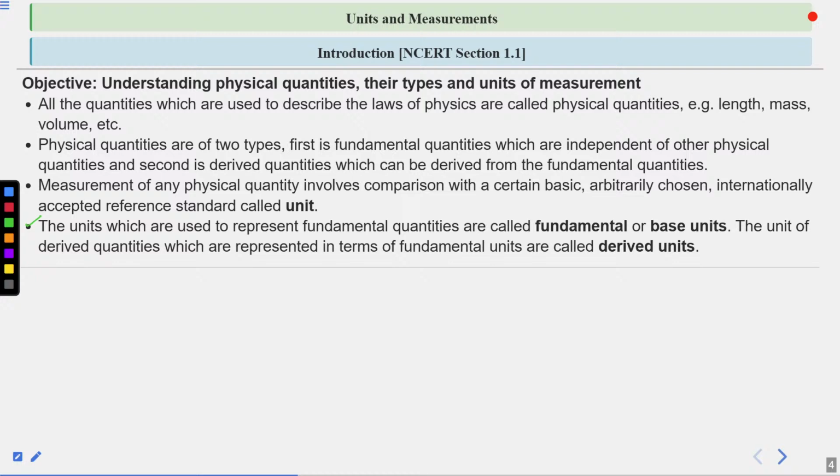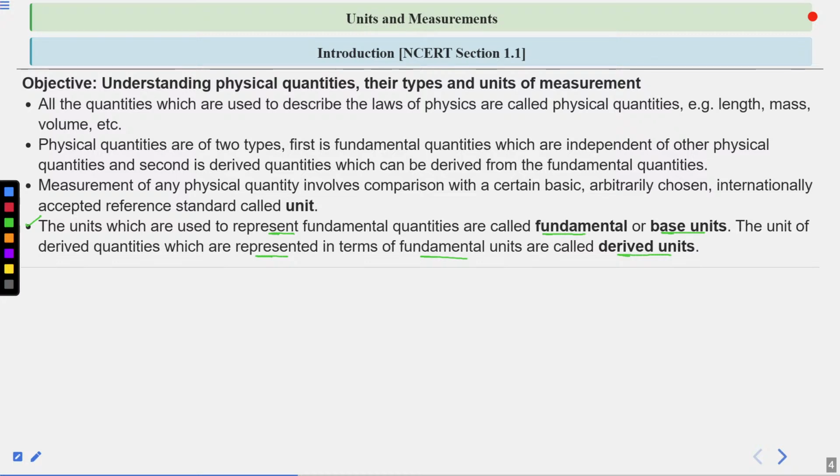The units which are used to represent fundamental quantities are called fundamental or base units. The units of derived quantities which are represented in terms of fundamental units are called derived units. It means there are two important things: first is base units, second is derived units.